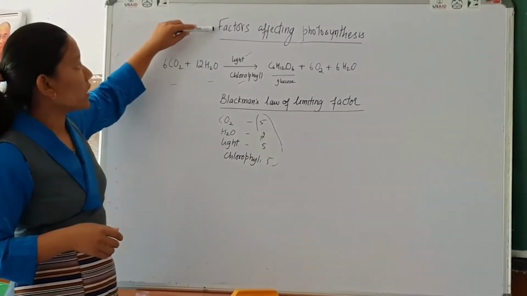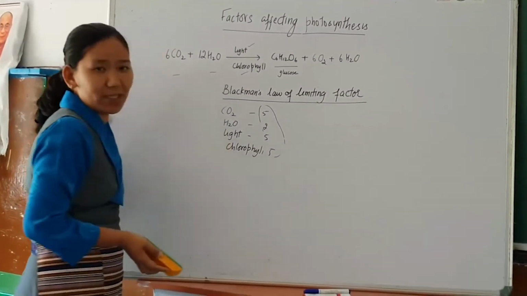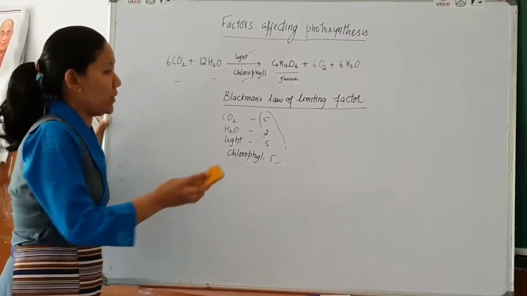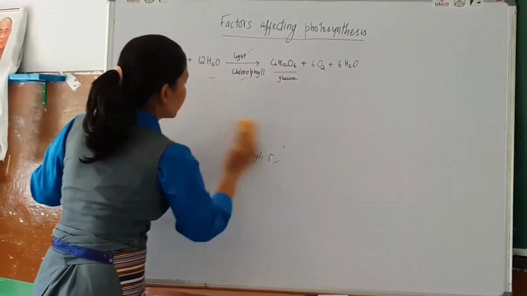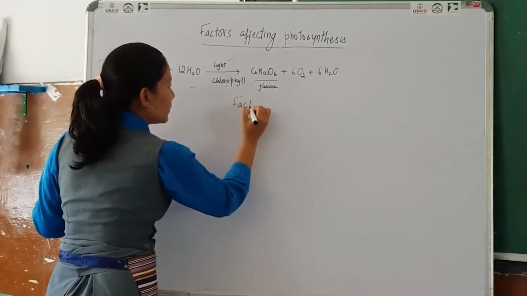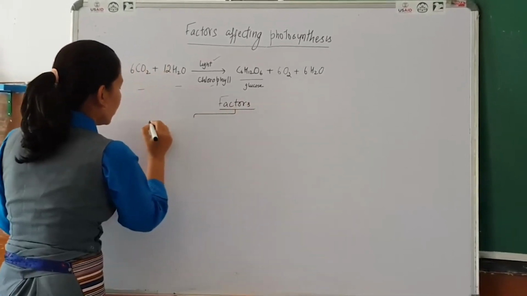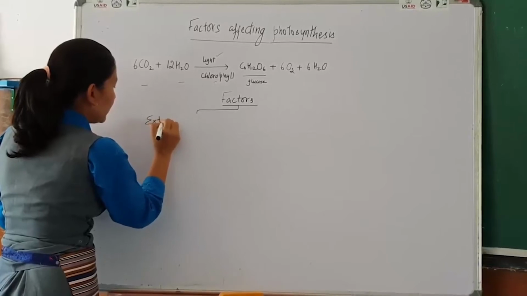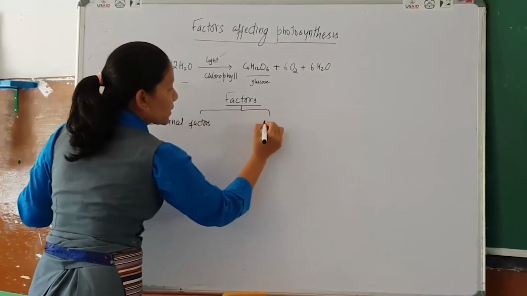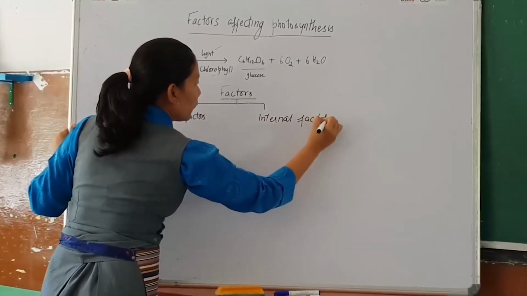So we will be talking in detail about the factors affecting the rate of photosynthesis, and these factors are categorized into external factors and internal factors.